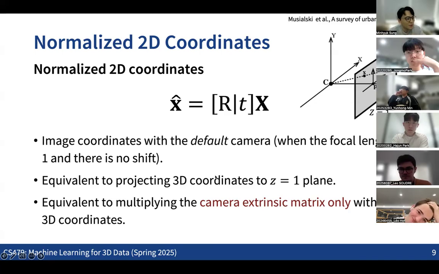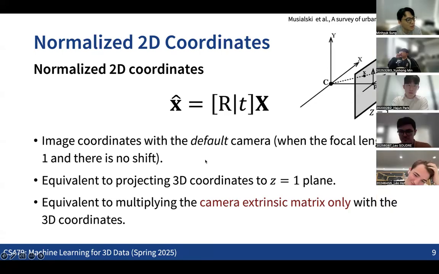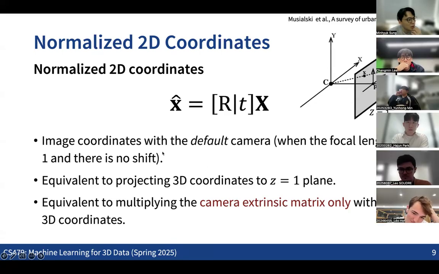Okay, so these three are all identical. Whether we have image coordinates with a default camera where the focal length is 1 and there's no shift, or we only have the camera extrinsic matrix while treating the 2D coordinates as homogeneous coordinates, it is the same as projecting the 3D coordinates into the z=1 plane, right? So we're going to say that this is the normalized 2D coordinates.